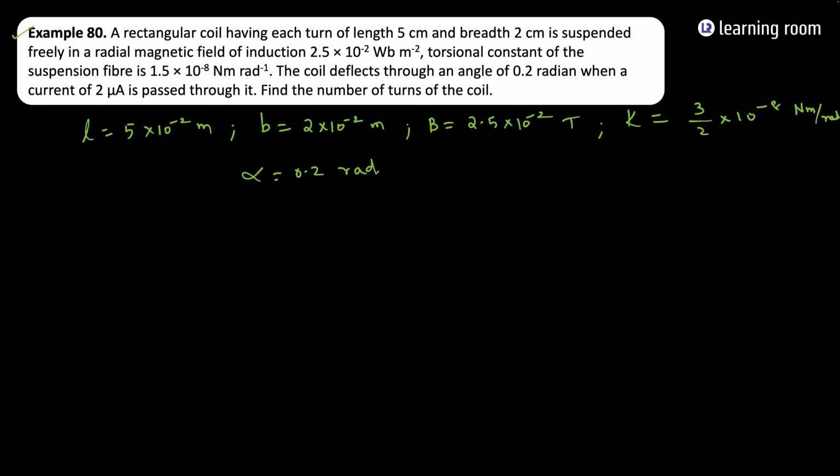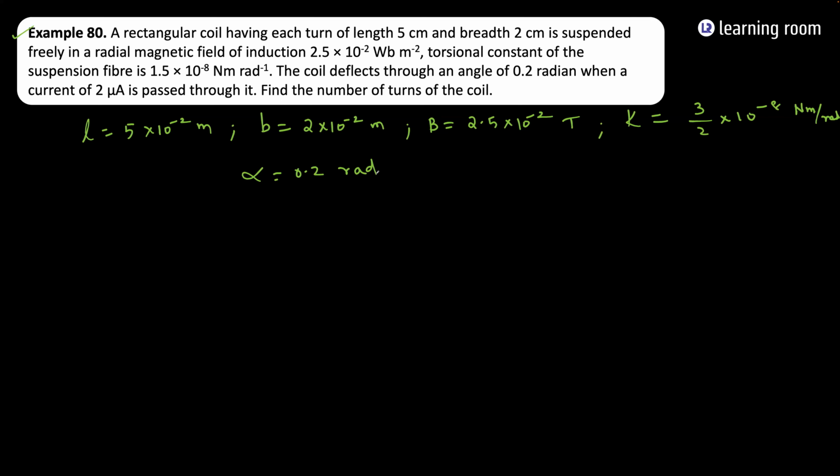Whenever they give you the torsional constant, you need to calculate torque. If the torsional constant is known and alpha is known, the torque is K alpha. But always have a look at the units. Here the value of K is Newton meter per radian.